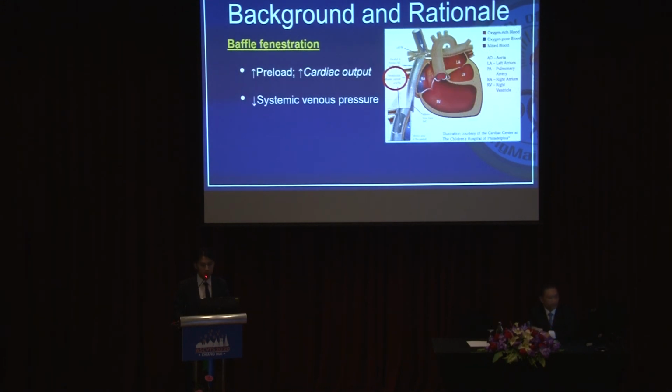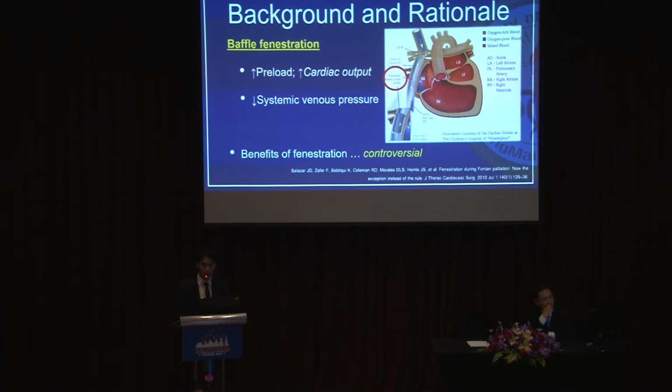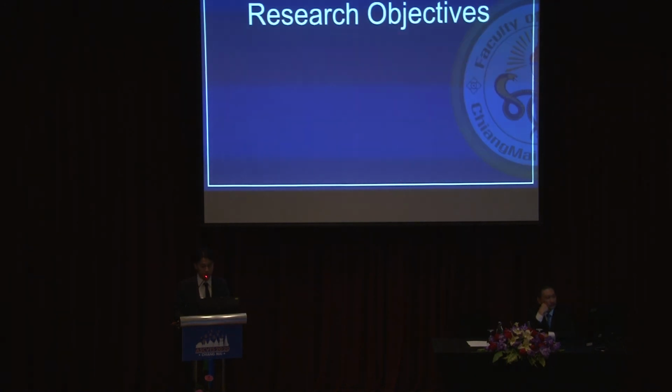For this reason, a technique called baffle fenestration was introduced and has been increasingly adopted due to the ability to decrease systemic venous pressure and increase the cardiac output compared to non-fenestration. Nevertheless, the benefits of fenestration for both immediate and long-term postoperative outcomes remain controversial.